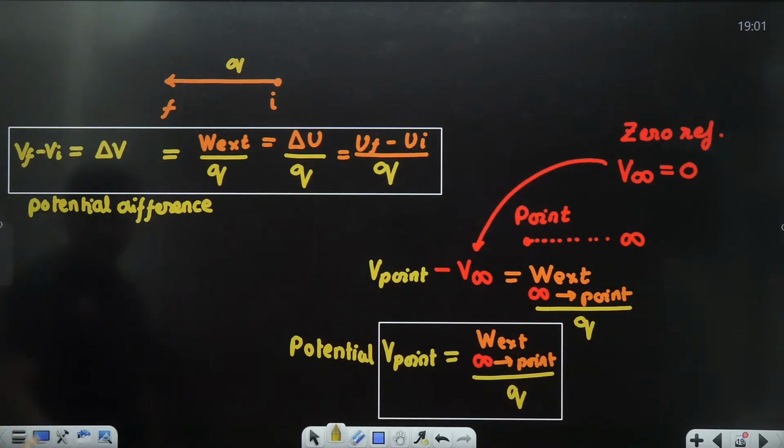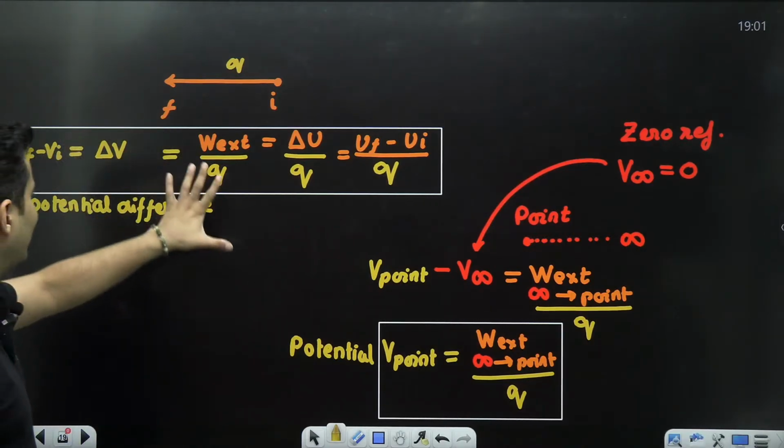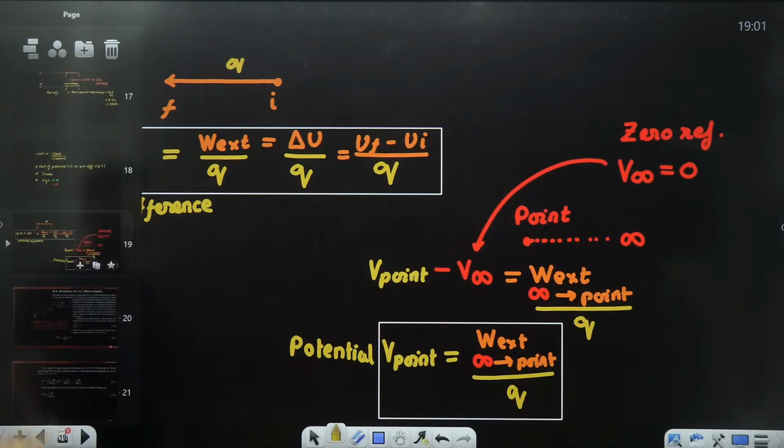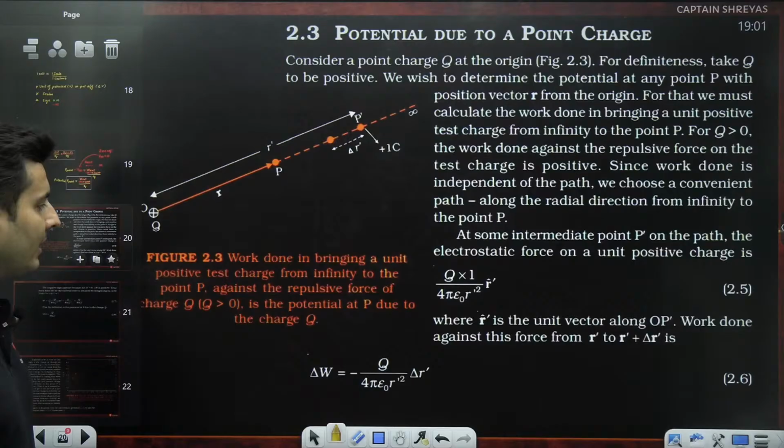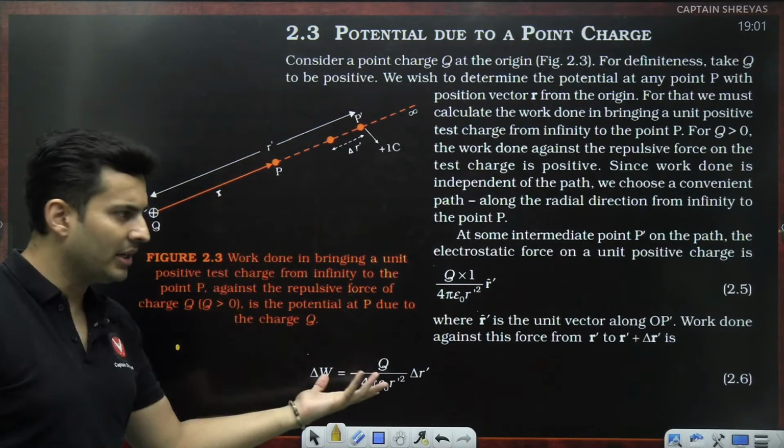All right. So this was potential difference versus potential. Now, in the next part, they have calculated the electric potential at that point by integrating this. This derivation is not needed.